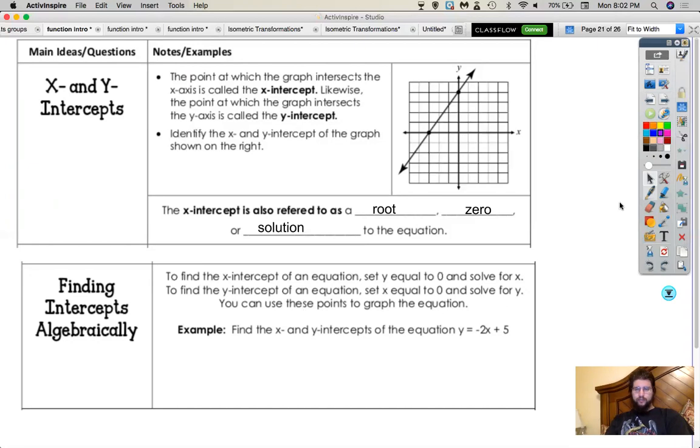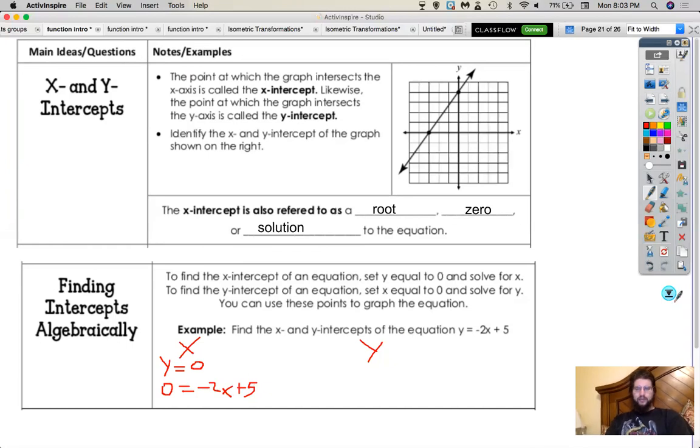Here's an example. Y equals negative 2x plus 5. Find the x-intercept and the y-intercept. For x-intercepts, you plug in 0 for y. 0 equals negative 2x plus 5. Again, setup and solution, that's all I need from you.